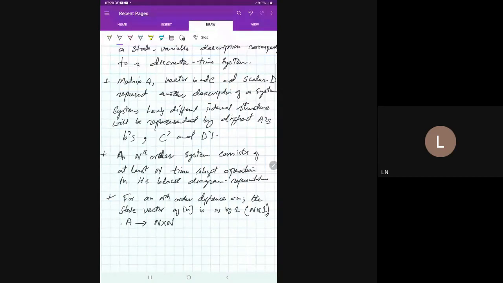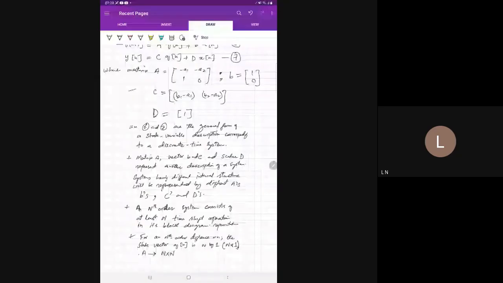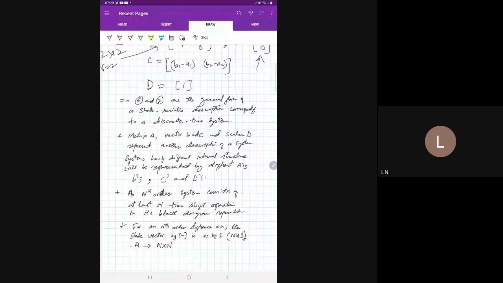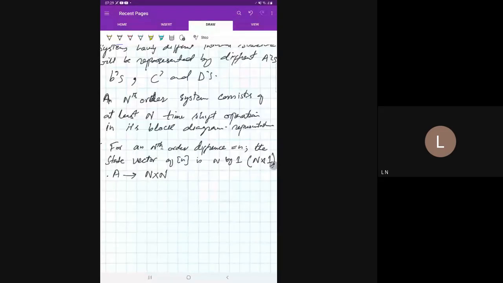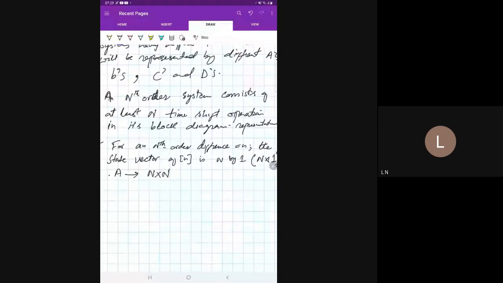Because the above system is a second order system, you will see the matrix here is 2 cross 2, and its state vector is 2 cross 1, because here n is equal to 2. So that's what I'm saying, that the state vector for an nth order difference equation will be n cross 1, and its matrix A will be n cross n.